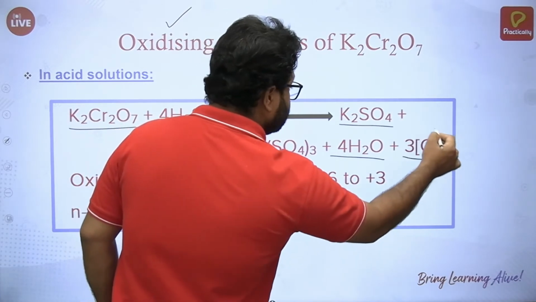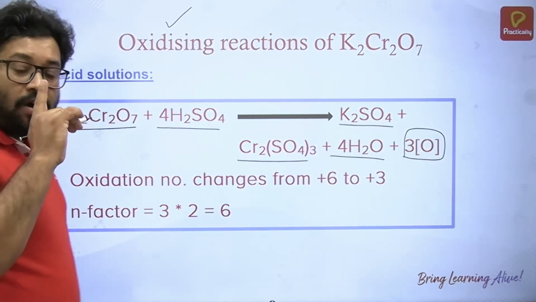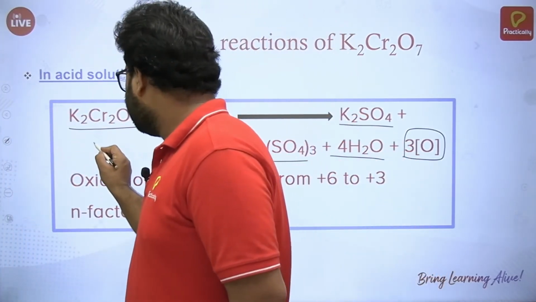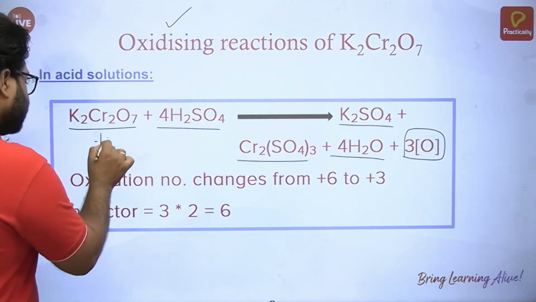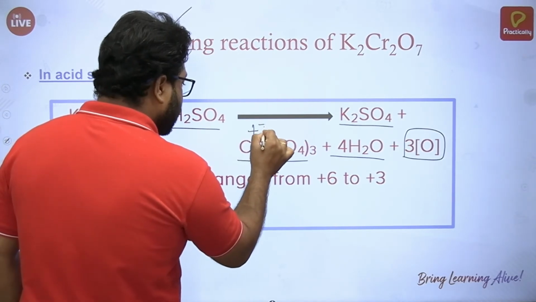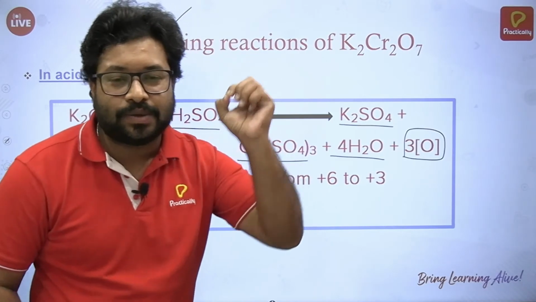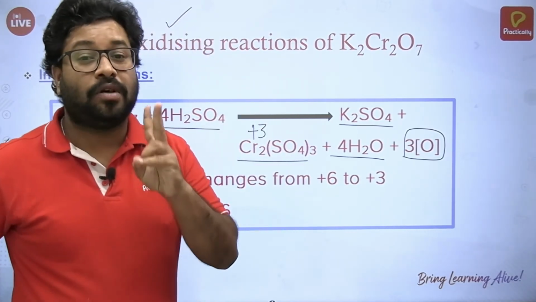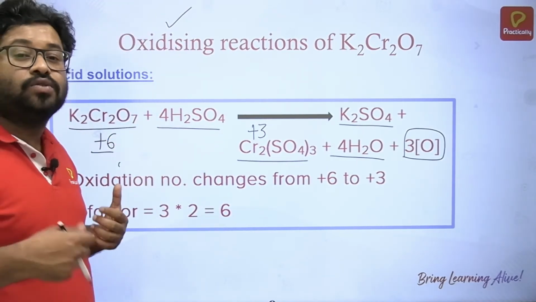It releases 3 oxygen, and you can see the oxidation state of chromium goes from +6 to +3. Each chromium has gone from +6 to +3, so each chromium has been reduced by a factor of 3, and there are two chromium atoms.